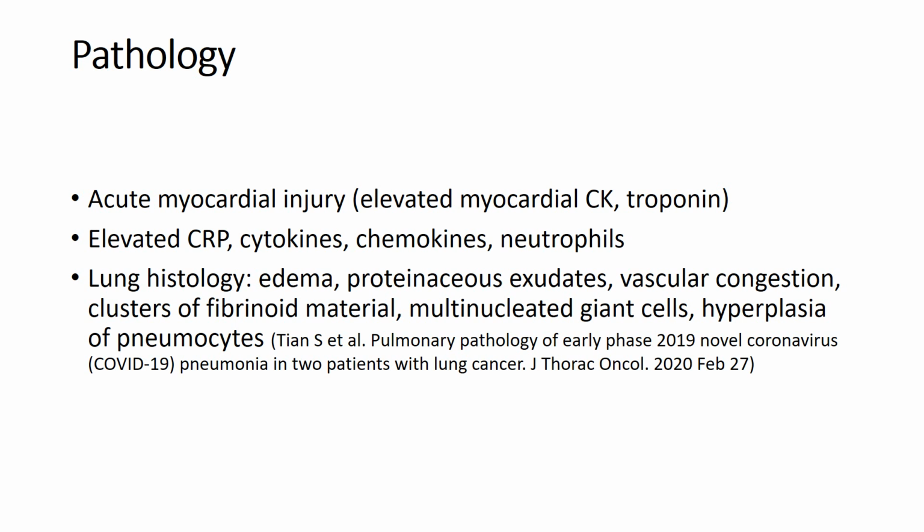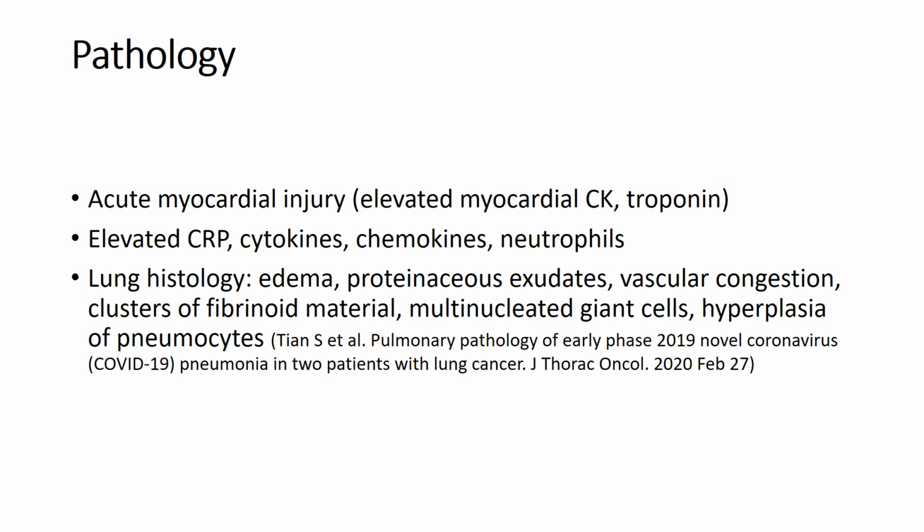Second point to make here is that common to a number of other serious viral infections, including H1N1 flu, there are elevated inflammatory mediators, things that cause inflammation in your body.